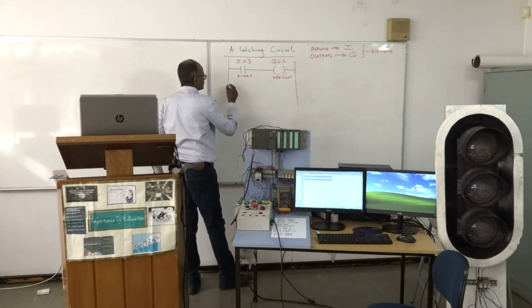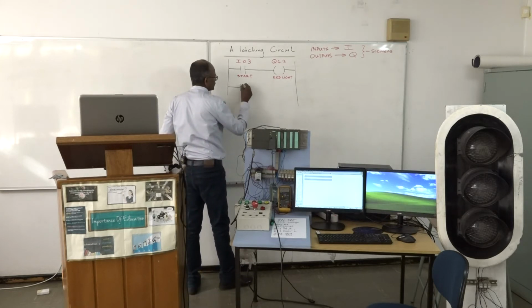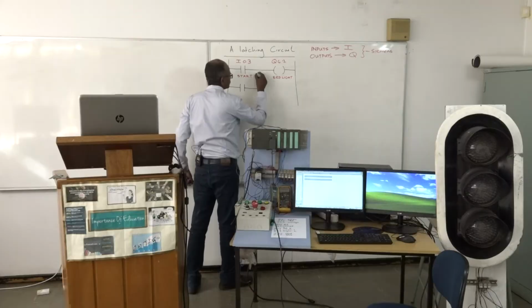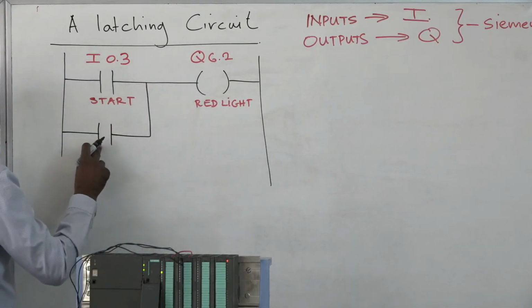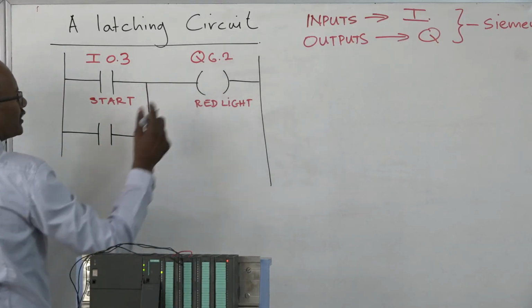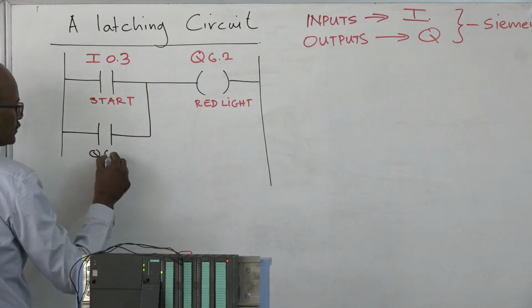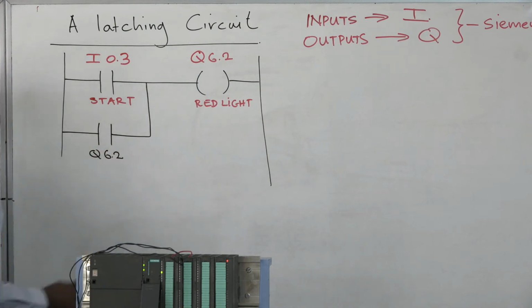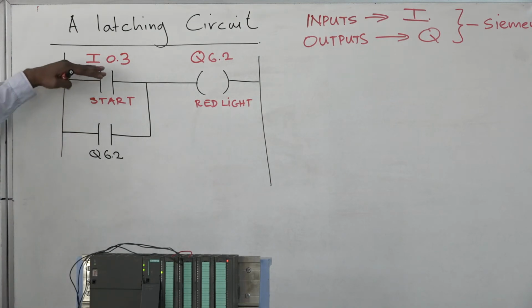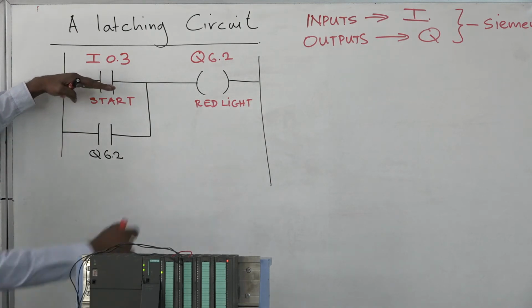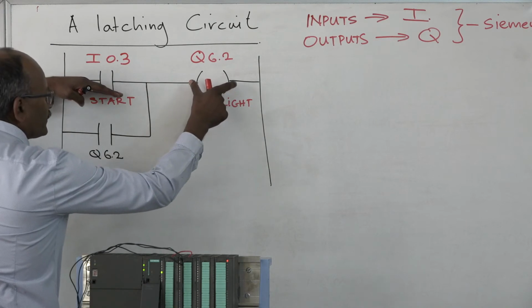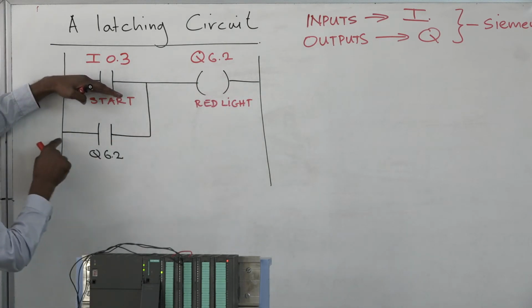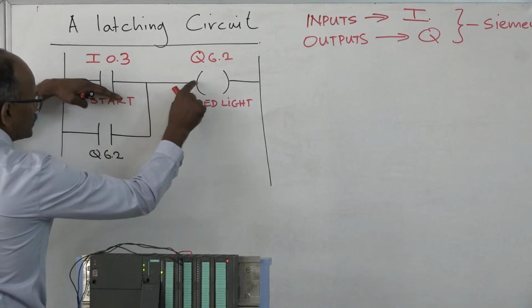So all I'm going to do to latch the circuit is put in a normally open switch, and I'm going to give this the same address as my red light, Q6.2. Now what would happen is when I press my start button, Q6.2 will energize, and when Q6.2 energizes, it will keep itself on.